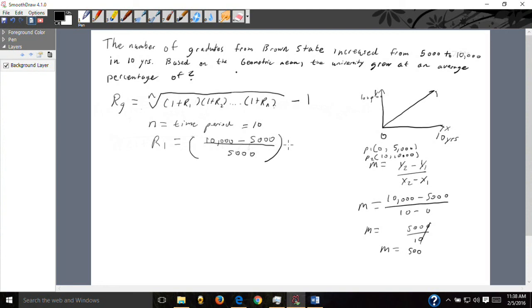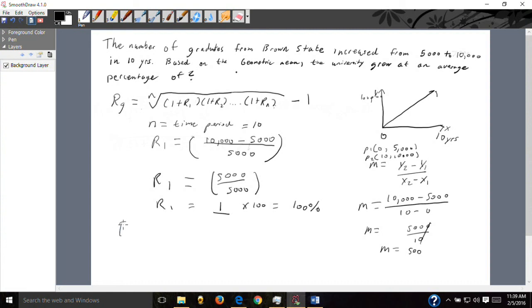So I get 10,000 minus 5,000, that's 5,000, divided by 5,000, which is in fact equal to 1. If I times this by 100 to get a percentage, I get 100% in growth. But let's just keep it in this form for now so that I can plug it into my original equation.